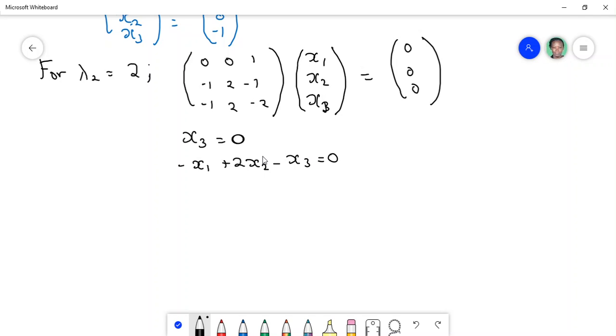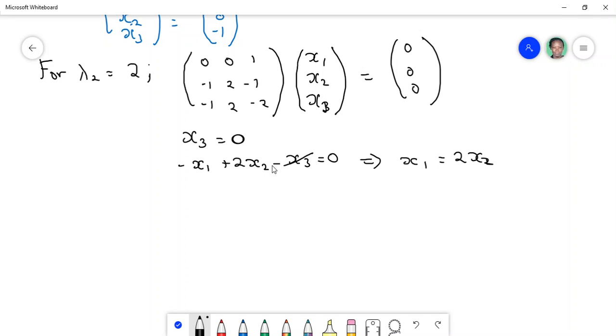We know x3 is 0, so this goes away. So this implies that x1 is equal to 2x2, since the negative cancels when it goes over.